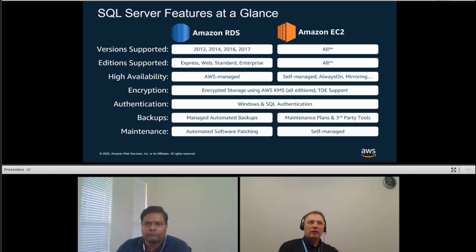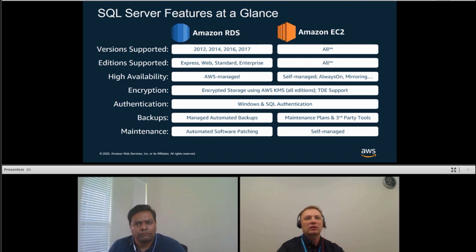For high availability, on EC2 it is a self-managed experience, and we will spend some time looking into it today. As far as encryption, we support all native built-in features: SSL, TLS, TDE, Always Encrypted, as well as EBS storage-level encryption, and we will take a brief look at that later today.